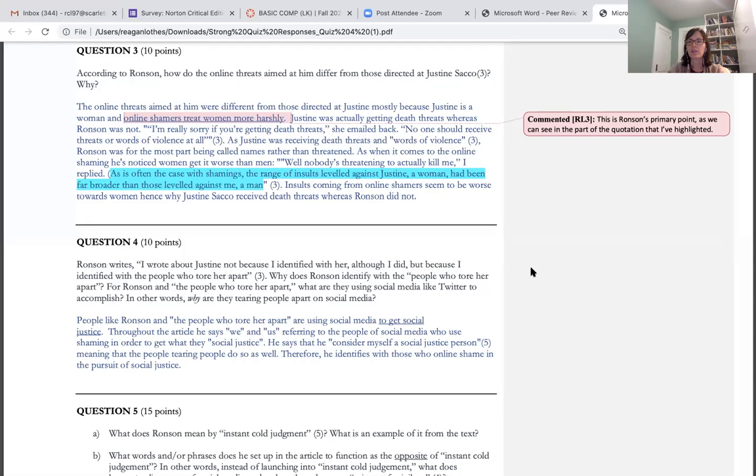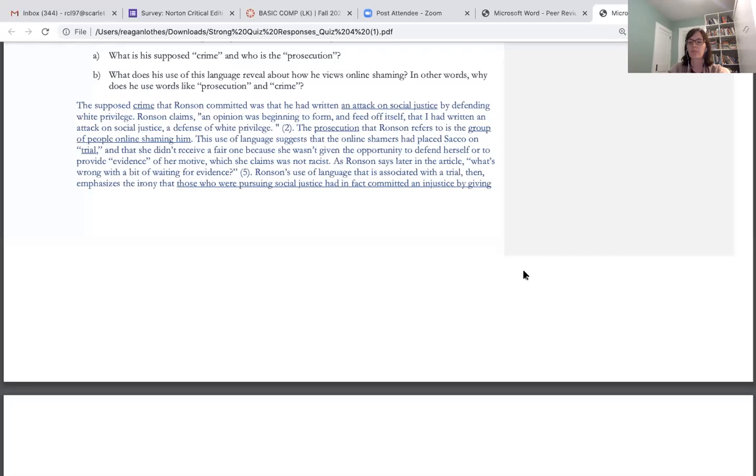And when Ronson uses words like crime, prosecution, evidence, what is he suggesting about Sacco's shaming? All of those words are associated with the trial, as we mentioned, and a criminal justice system. And so he's suggesting that Sacco's shaming was a trial by Twitter, as he puts it right at the beginning of the article underneath the title.